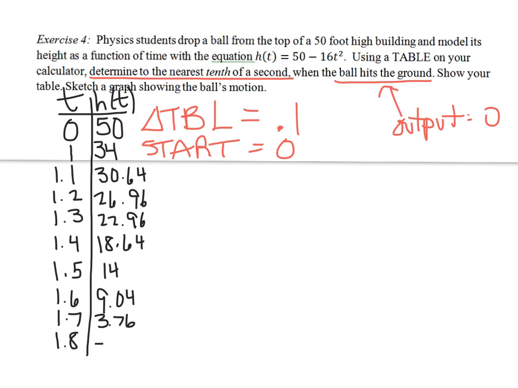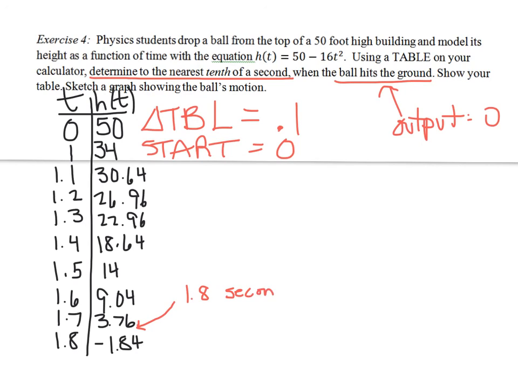1.8, all of a sudden my height is a negative value. I obviously can't go underground with this ball, so what really happens is it must hit the ground somewhere after 1.7. Now, because negative 1.84 is closer to 0 than 3.76 is, I'm going to estimate this to the nearest tenth at 1.8 seconds.